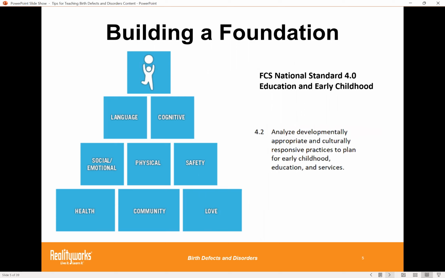Similarly, if you're a FACS teacher with an education and training pathway or early childhood program, understanding the impact that birth defects and disorders have as the child develops is included in National FACS Standard 4.2. As a teacher or worker with young children, it's really important to have this knowledge in order to plan developmentally appropriate education.